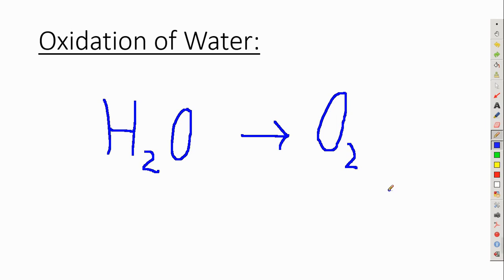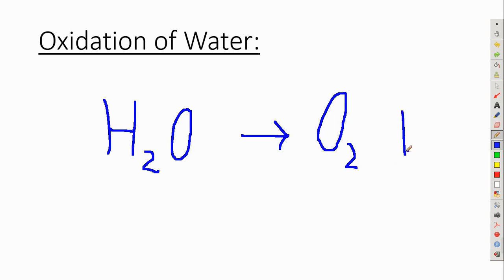I don't know if you know this, but an oxidation in chemistry is a loss of electrons. That means the water molecule is in a way going to lose electrons, and if it loses electrons, the hydrogen atoms are going to become protons. So this is how we can balance the equation.